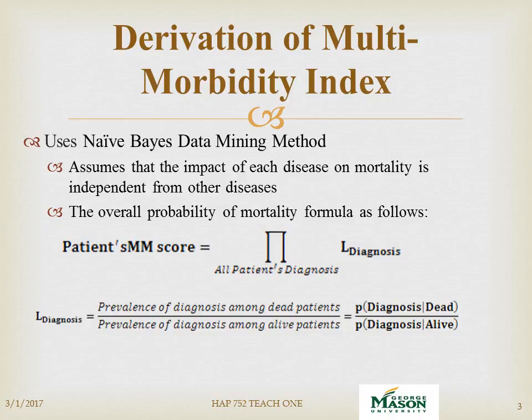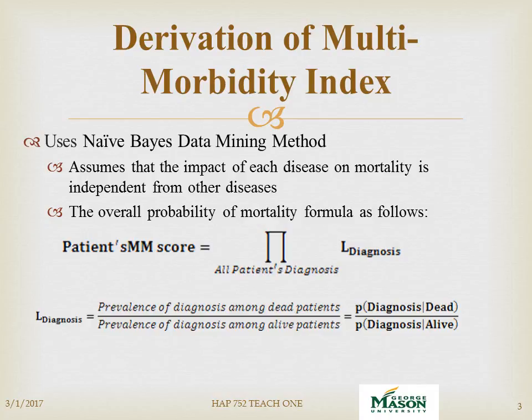The first formula calculates the patient's score as the product of the likelihood ratios, where the L diagnosis indicates the likelihood ratio associated with the diagnostic code in the training dataset.